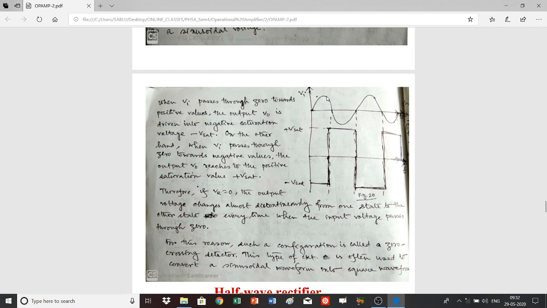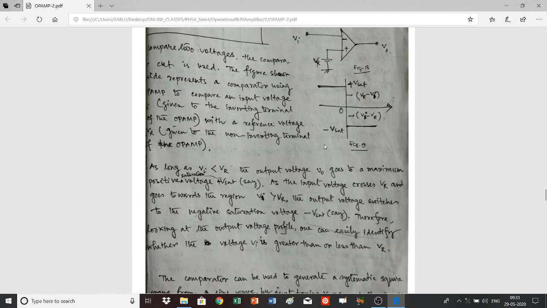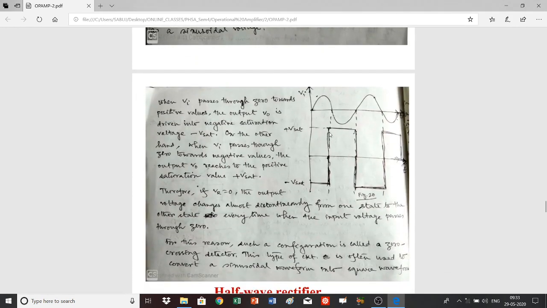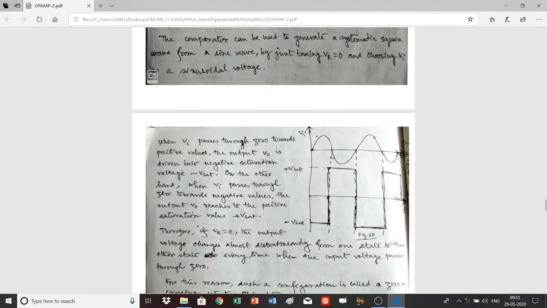Whenever the input voltage once again crosses zero and increases in the negative direction, since it is an inverting amplifier, the output will be positive and the output voltage will saturate to the positive saturation value, and it will remain unchanged until it once again crosses the zero value.